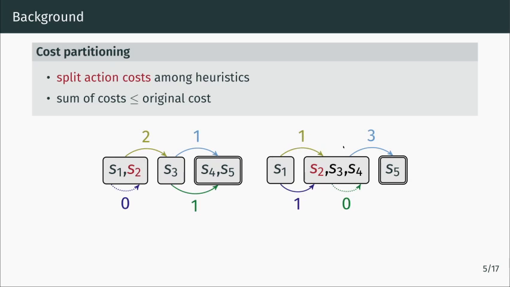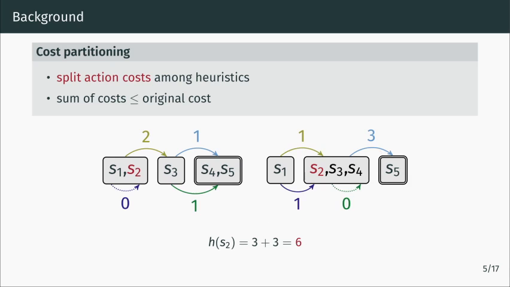The others also don't exceed their original cost. If we split these costs among the two abstractions, then we can sum the heuristic estimates from them. So we get 2 plus 1 is 3, and here for S2 we have 3, so a total estimate of 6, which is already better than the maximum.